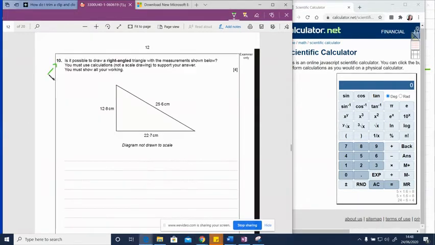Now we come to question 10. Is it possible to draw a right-angled triangle with the measurements shown below? You must use calculations, not a scale drawing, to support your answer and show all your working.